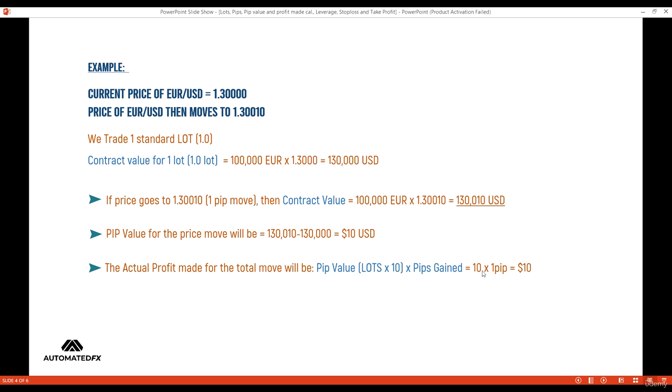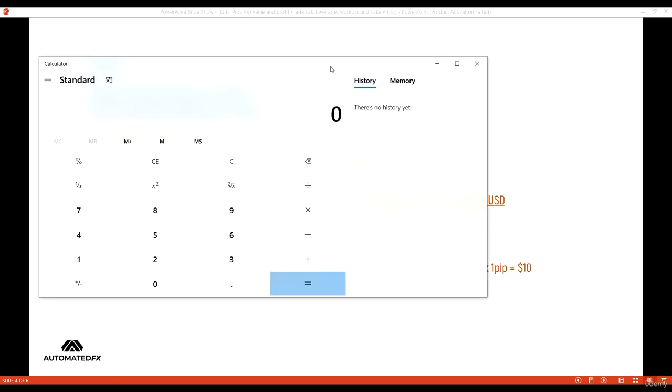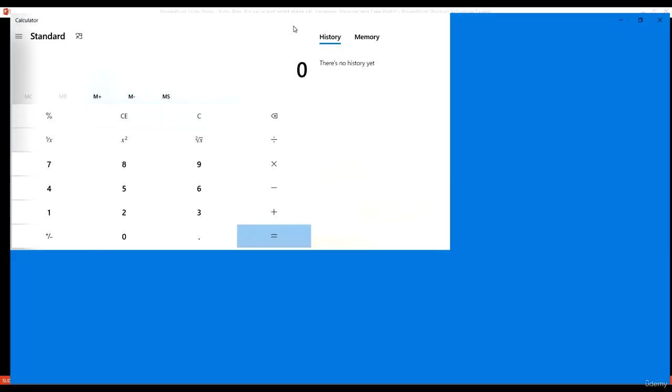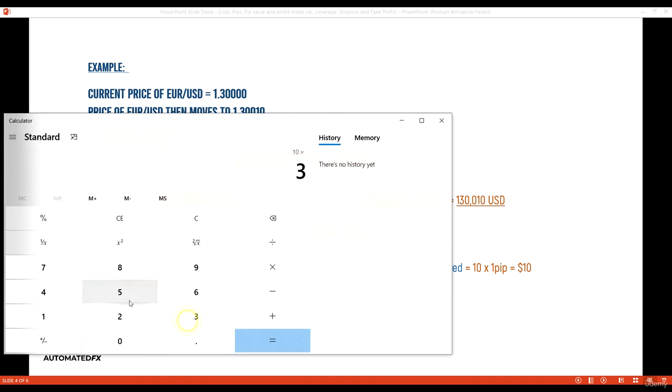Now, what if we made more than 1 pip? What if we made, let's say, 35 pips? If we made 35 pips, the value for the movement of 35 pips will be equal to 10 multiplied by 35. So it means we'll have made $350.